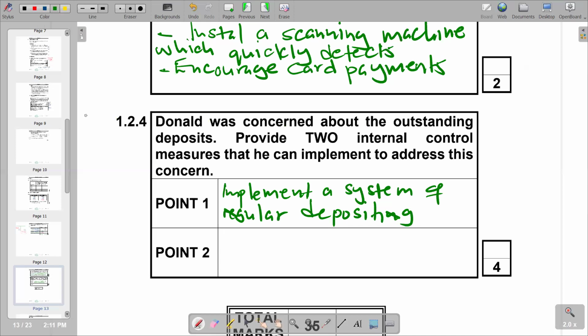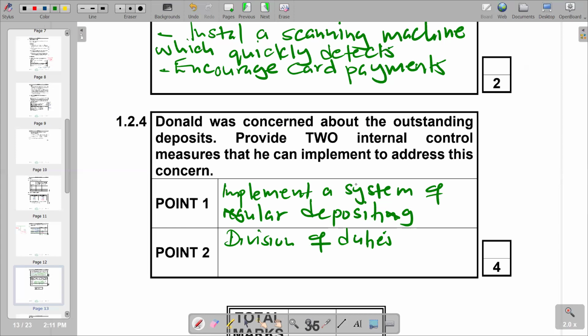Then on point number 2, we can implement the issue of division of duties, whereby one worker will work as a control of the other worker, so that there might be reminders that will be initiated along the way.